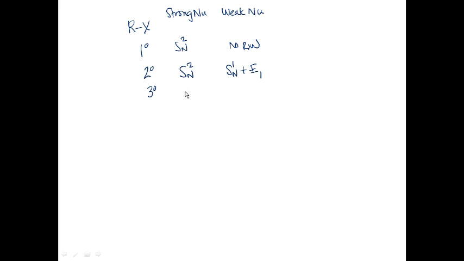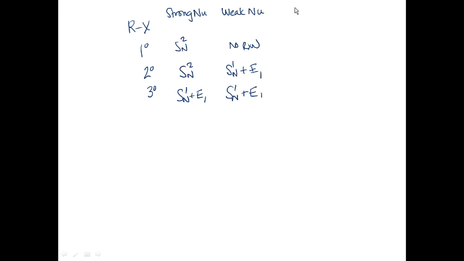So before we had SN1 for both of these reactions, and now what I'm going to again say is that when you get SN1, you're going to get a little E1 products. So this is our new modified table for predicting the mechanism given a primary, secondary, and tertiary halide with a strong nucleophile or a weak nucleophile.